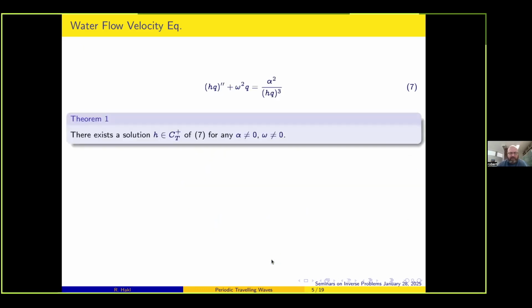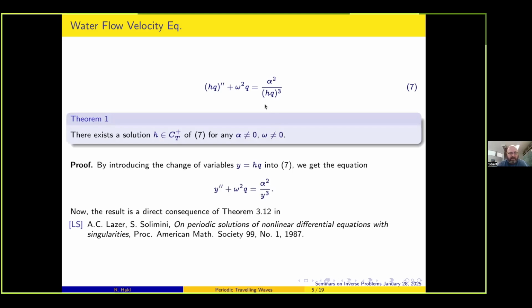This problem has already been tackled by a lot of mathematicians, and this particular case can be resolved using the paper of Lazer and Solimini from 1987.